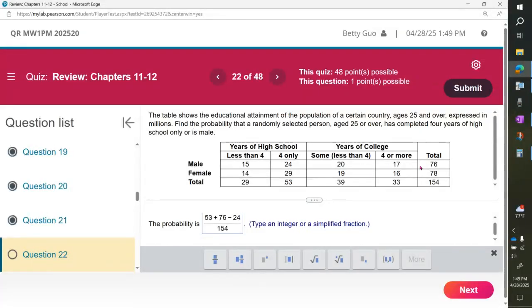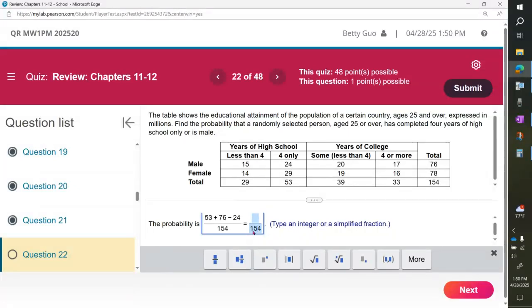So how many of them are male? 76 of them are male, right? And then minus the last number on the top that we need to minus concerns both. How many of them are 4-year high school only, and male? 24 of them. Okay. This says simplify fraction, so we cannot do decimal.